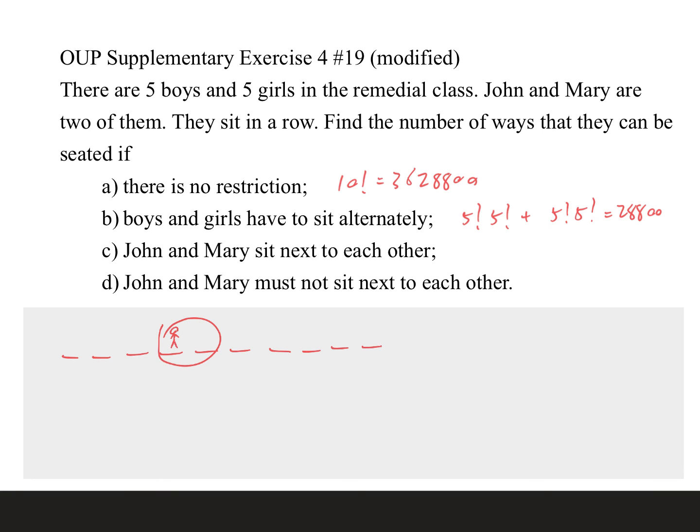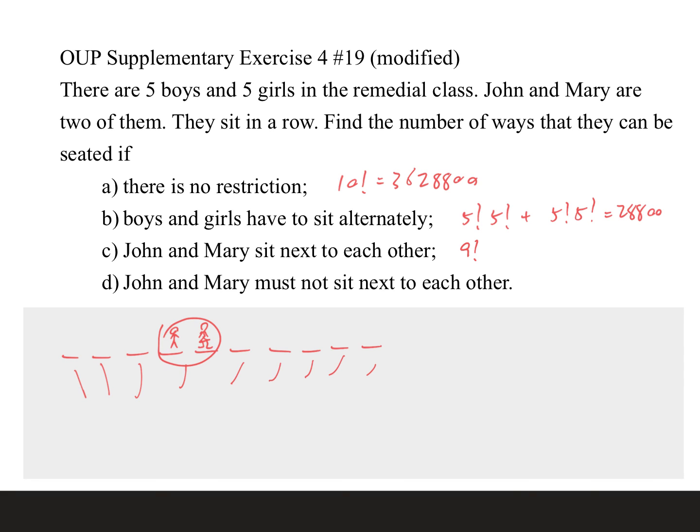Right? This is John, this is Mary. They are bundled together. So all the rest, okay, count that, okay? We have 1, 2, 3, 4, 5, 6, 7, 8, 9, okay? Since 2 of them are bundled together, we have only 9 choices to arrange them. So the answer is 9 factorial. If John sits first and then Mary sits next to him, to the right of him.